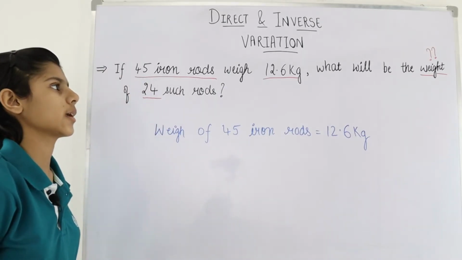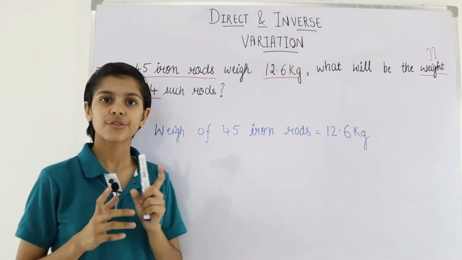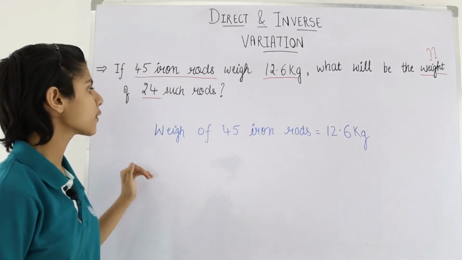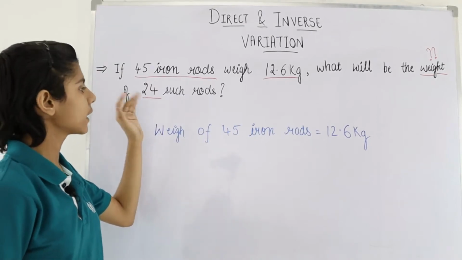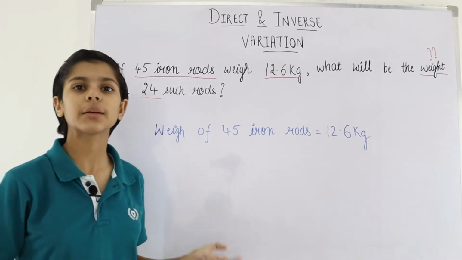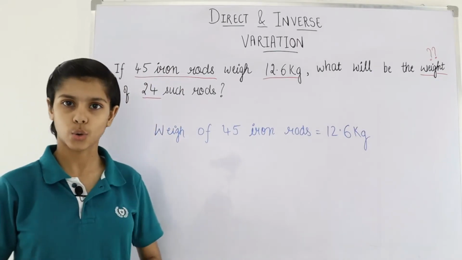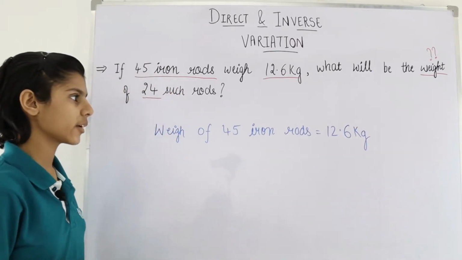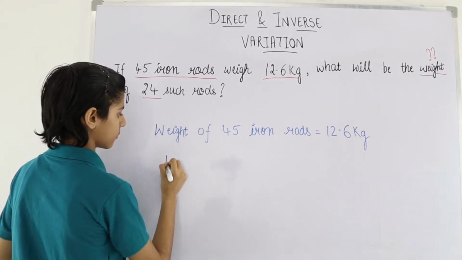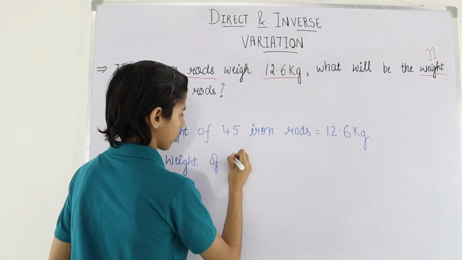So here also same, that if we want to take out the weight of 24 rods, first of all we need the weight of one iron rod, because if we take out of one iron rod, we can easily take out of 24 also. As according to unitary method, we need to find out unit quantity, then the asked quantity in the question. So हमें सबसे पहले एक आयरन रॉड का वेट चाहिए, so that we will write weight of one iron rod.